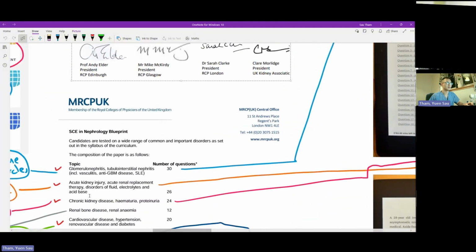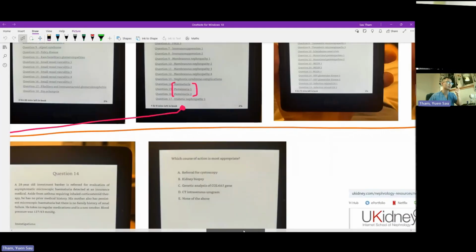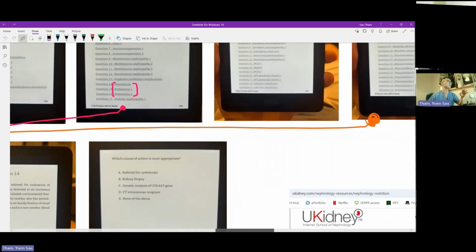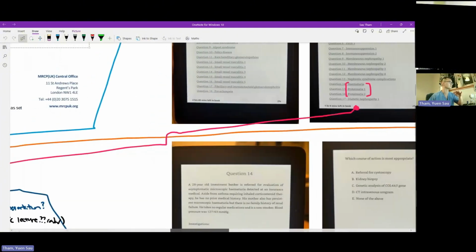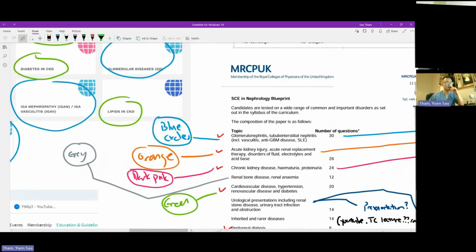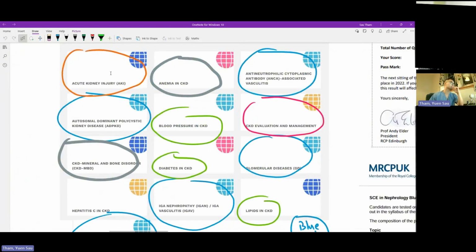So I really recommend that resource. The second thing is then going down the topic. So 26 questions, also a very big topic, is acute kidney injury, electrolyte and acid base. And I already alluded to Nephro Shots being an amazing book. If you read this book, you pretty much don't have to read anything else. And the other one as well is go back to KDIGO and again, acute kidney injuries here.